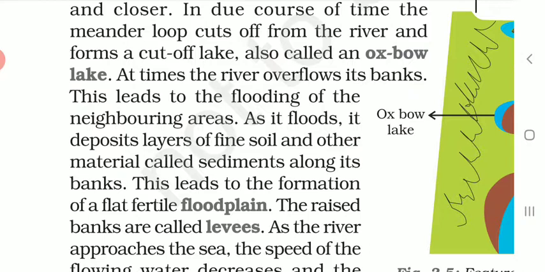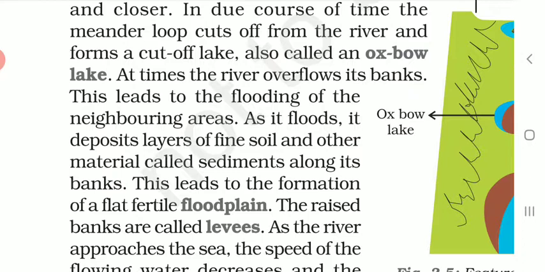It means in the neighboring areas of the river there is flooding, and as it floods it deposits layers of fine soil that is coming from a long distance, from the long course of the river as well as from the mountainous areas.